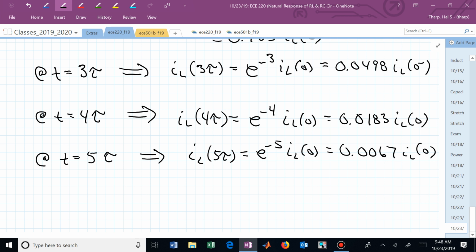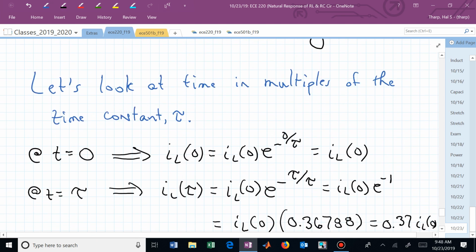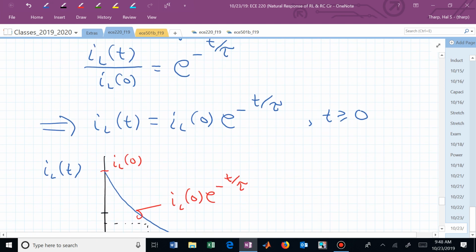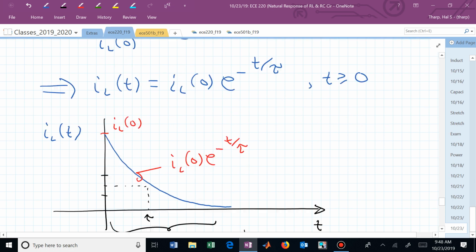Well, now how are we going to solve this? We have an idea. Well, we've already found the solution. I sub L of t is I sub L of 0 e to the minus t over tau. All you have to give me is RC and the initial current. And then I have your homogeneous solution available to you in this structure.